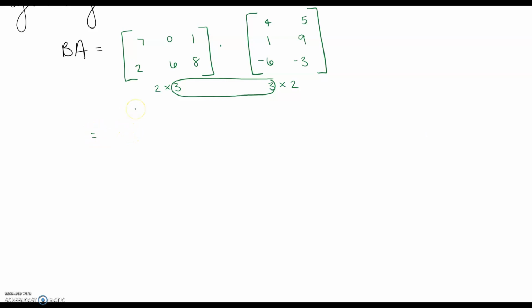So remember, for that first element, we're going to take 7, 0, 1 and then multiply and add to that column.